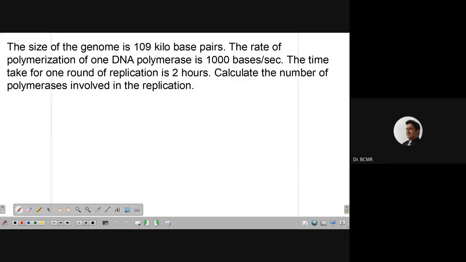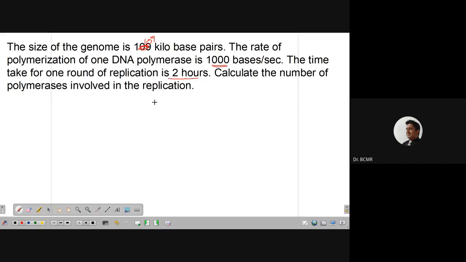This is a question based on replication. This is 10 to the power 9. While copying, the size of the genome is 10 to the power 9 kilo base pairs. The rate of polymerization of one DNA polymerase is 1000 base pairs per second. The time taken for one round of replication is 2 hours.